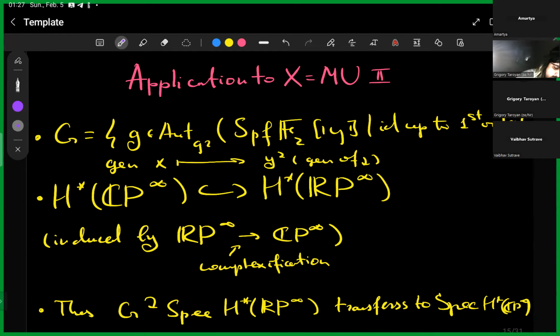So this is a ring of polynomials over F2 with generator in degree 2. This is a ring of polynomials over F2 with the generator in degree 1. And this just embeds into this ring by taking all polynomials generated by the square of the generator.